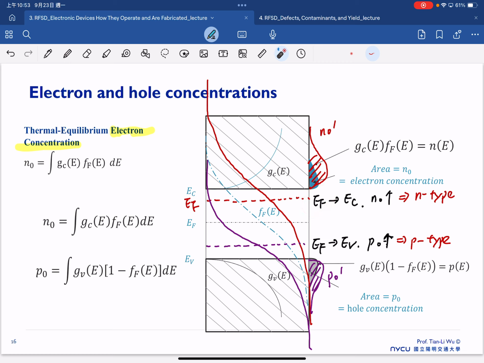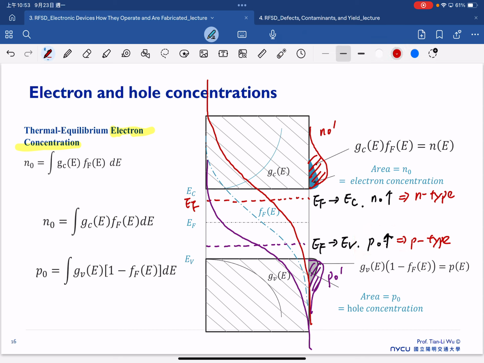So once our EF is close to our conduction band, that means we have a higher electron concentration. If we have the EF close to the valence band, that means we will have a higher hole concentration. That would be more like the P-type.